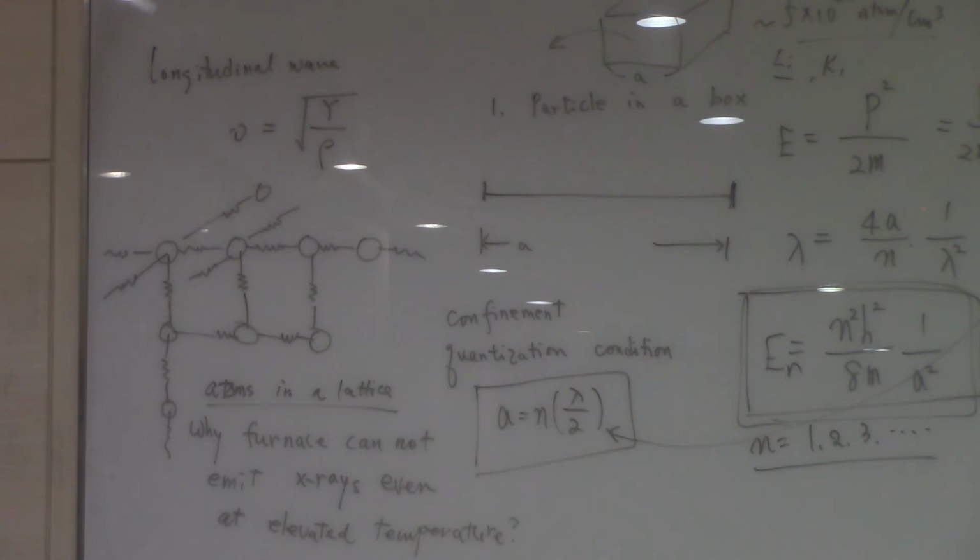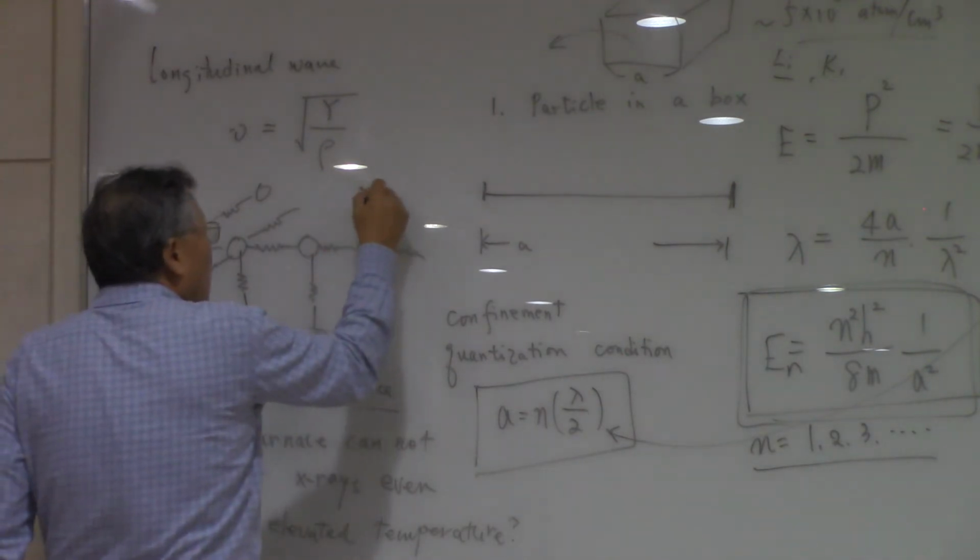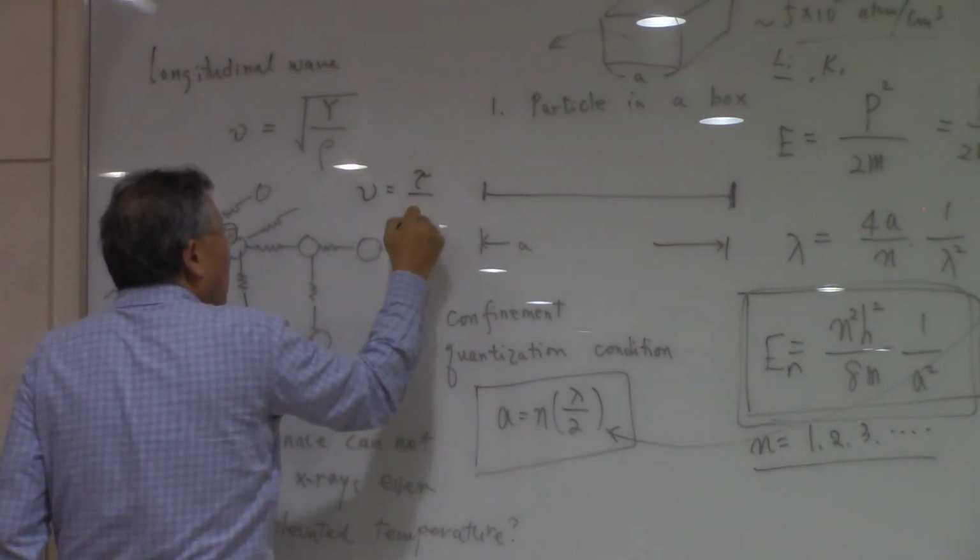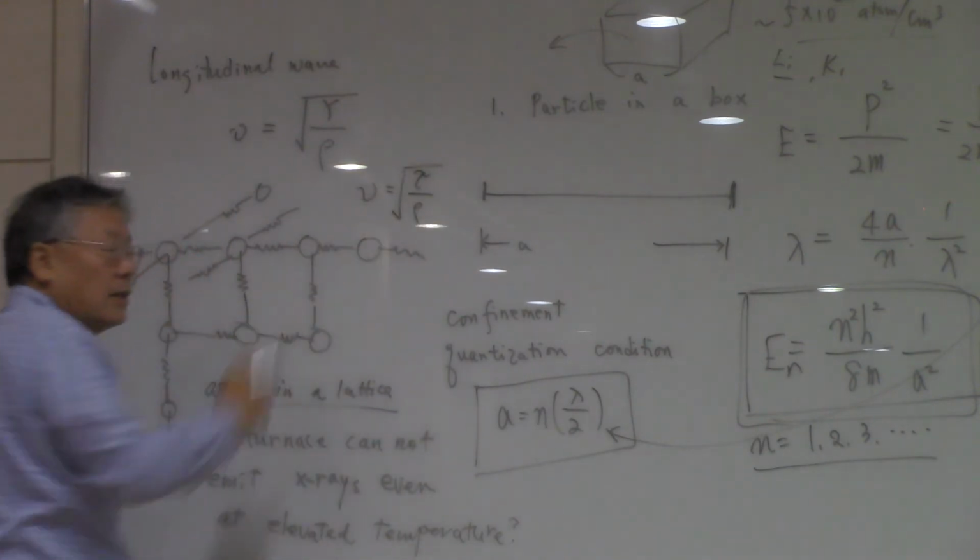What happens in a transverse wave in a string? The velocity is related to the tension and the density, like this.